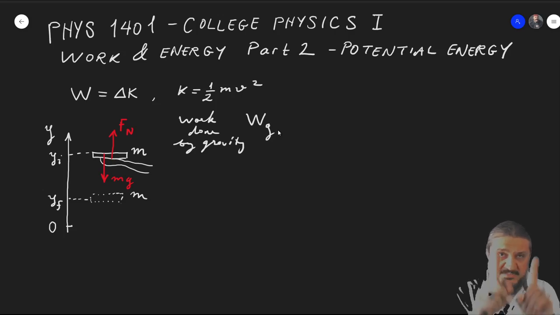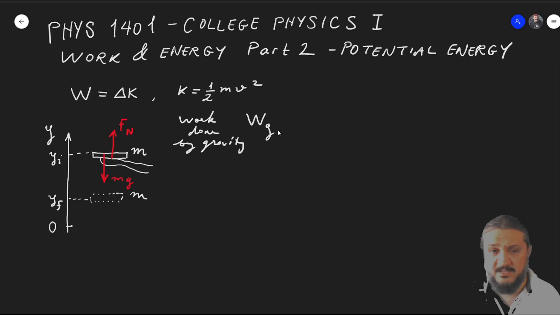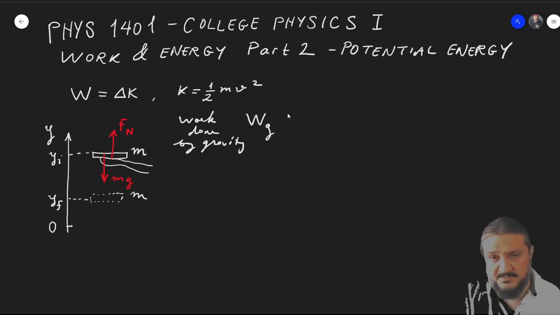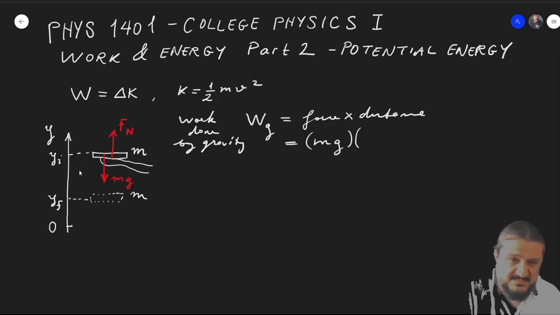So when two vectors are parallel, their dot product is a positive number. So the work done is simply mg times the distance it moves. So it is force times distance. Force is mg, and the distance is whatever you have between these two positions.